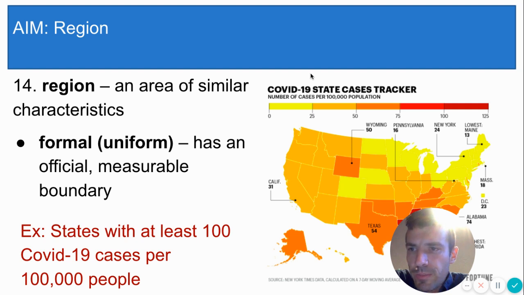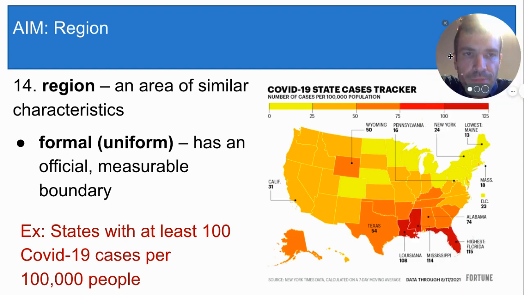Now take a look at this map, which shows COVID-19 cases by state. An example of a formal region with a measurable boundary is all the states that have 100 or more COVID cases per 100,000 people. So here I have created a measurement, 100 or more cases per 100,000 people.